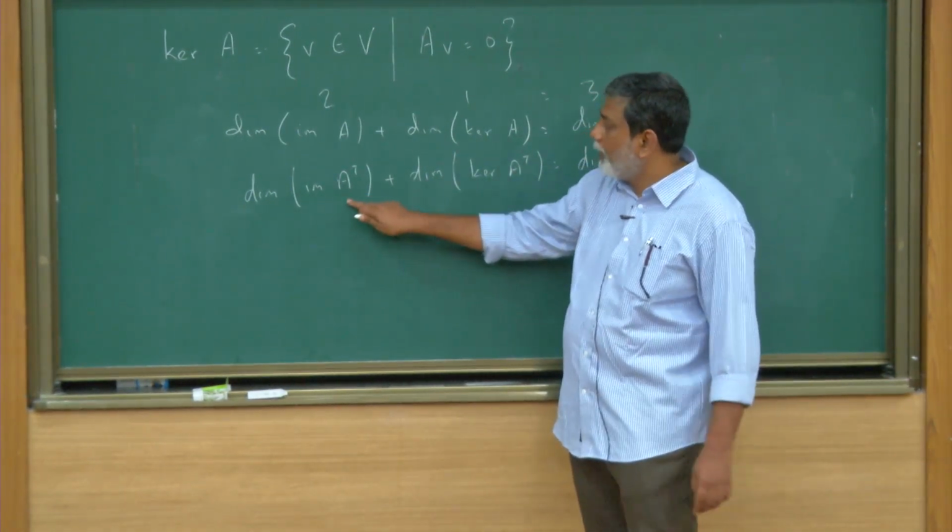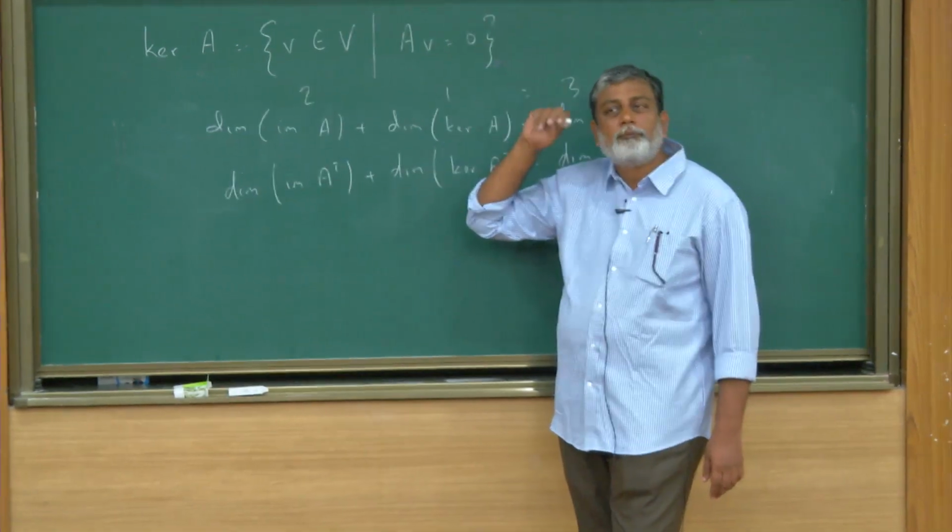What about the dimension of the image of A transpose?